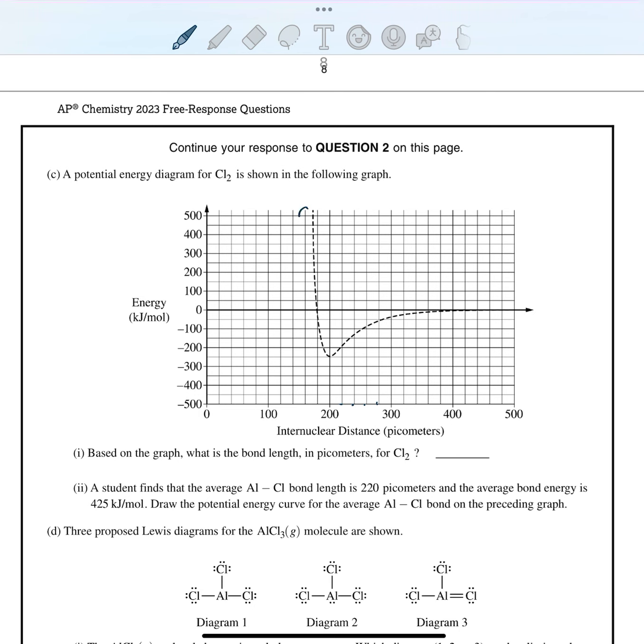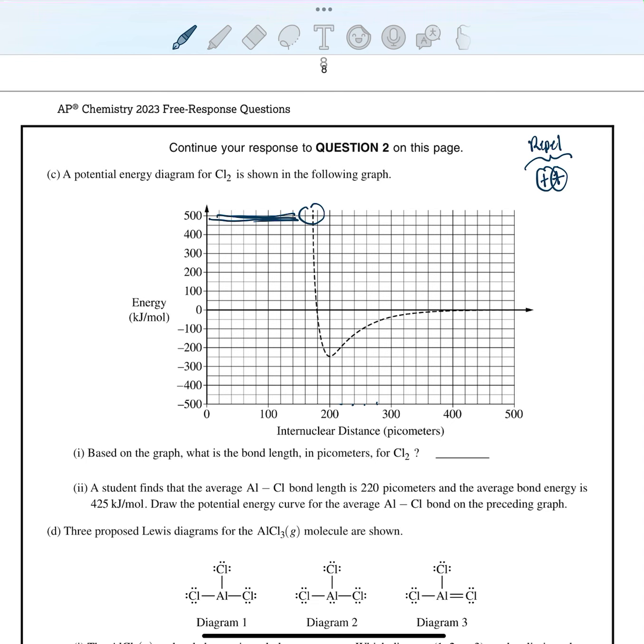So when you see high energy, for example, up here, this 500 kilojoules per mole, what that means is the atoms are so close together. That's not the proper bond, okay? They would be so close that their positive nuclei would be repelling. So this repulsion is going to end up giving this high energy level. So that's not really the bond length there, okay?